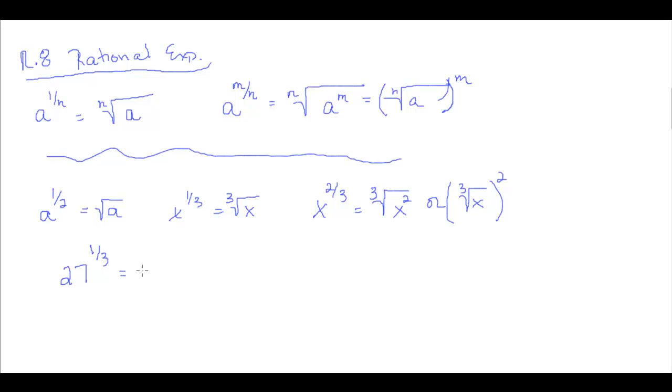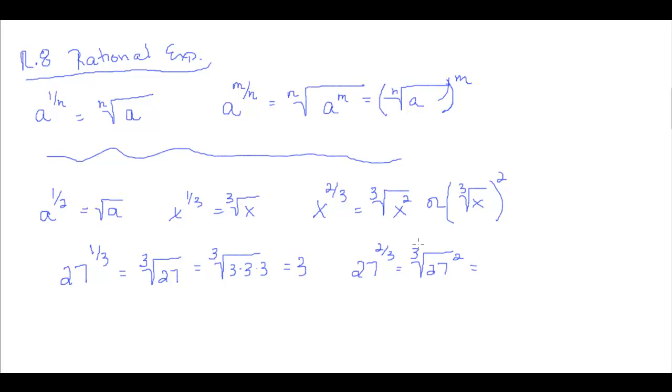This means the cube root of 27, which we know is the cube root of 3 times 3 times 3, or 3. Now if I looked at, say, 27 to the 2/3, then I would be looking at the cube root of 27 squared.